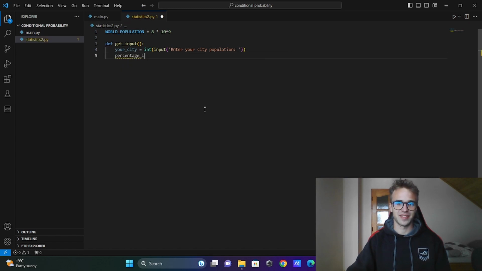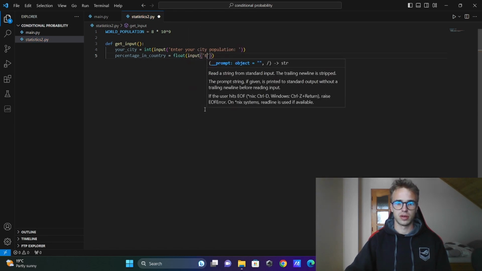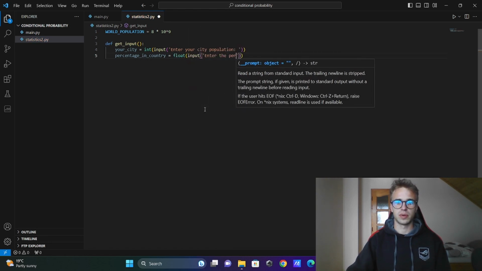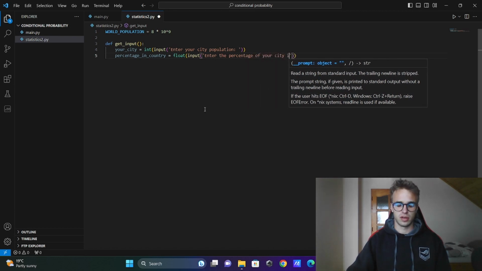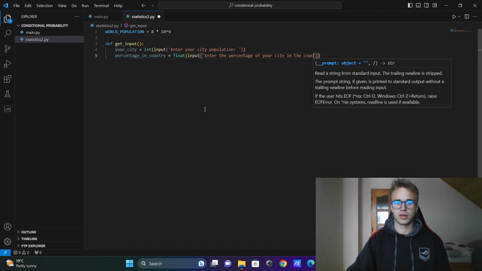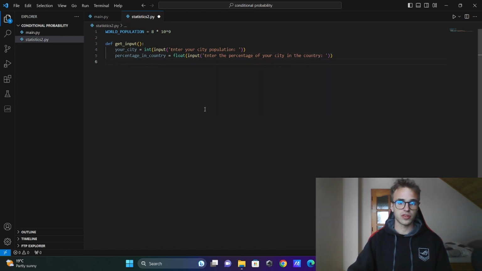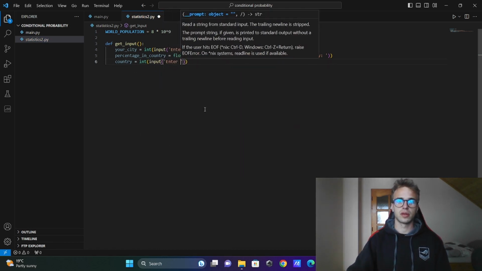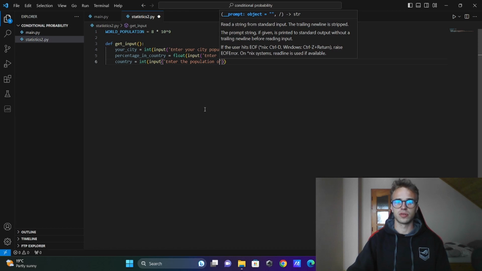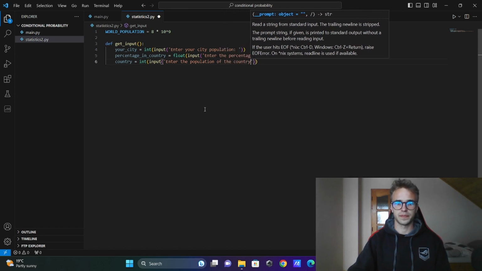Percentage in country will be float input, enter the percentage of your city in the country. Next, the country itself, also integer input, enter the population of the country.